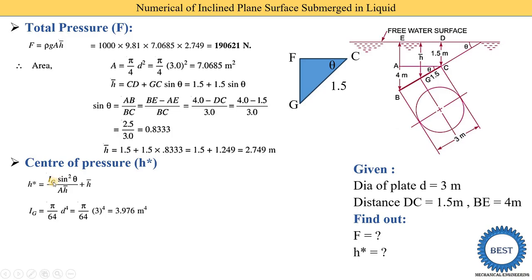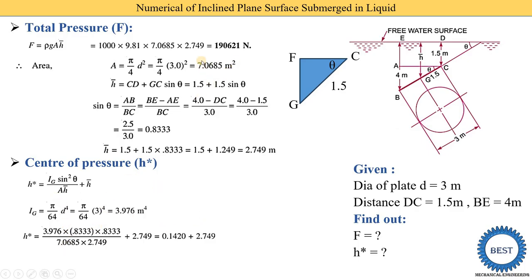Now we put all these values of Ig, sine theta, A and h bar, and we are able to find h star. Ig is 3.976, here sine square theta, so we multiply 0.833 into 0.833, or you can also write 0.833 squared, divided by area.